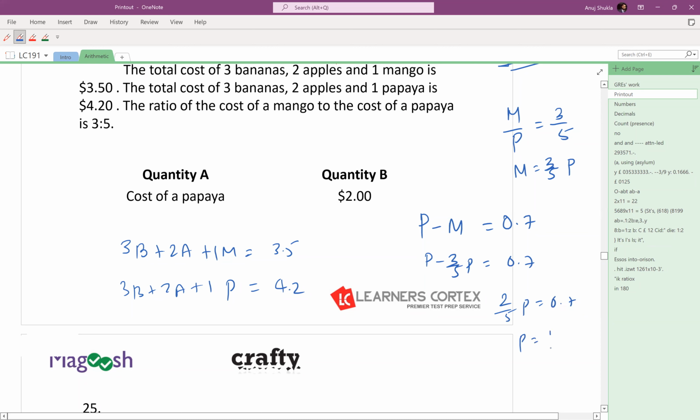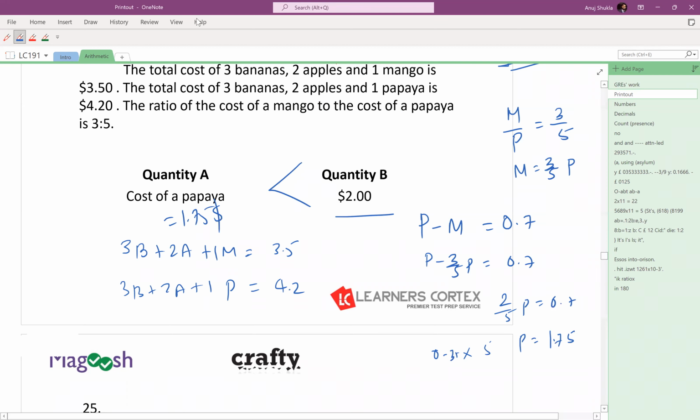So p value is 1.05. Yes or no? Wait. 0.35 into 5. 1.75, not 1.05, 1.75. So the cost of papaya is $1.75 and the other is $2. Which is greater? Quantity B is greater.